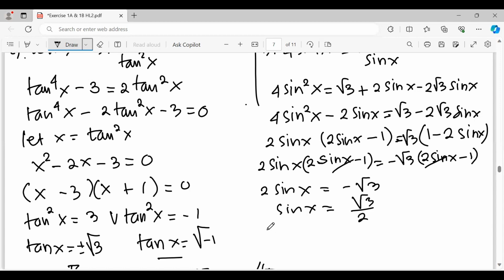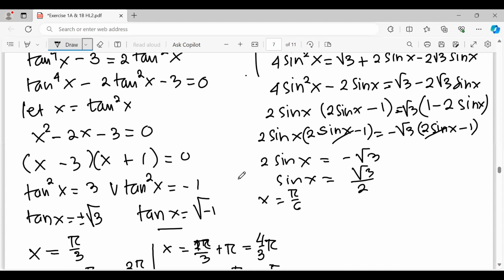Okay. So x is pi over 6. Then x equals pi minus pi over 6 on quadrant 2.